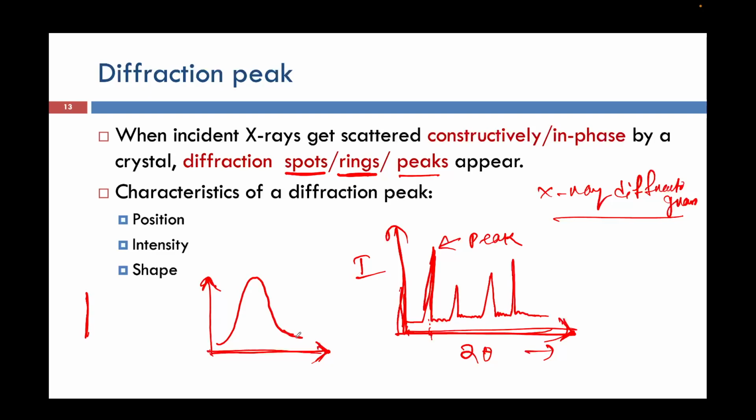Here this intensity is the maximum intensity, and this is the 2 theta position, which corresponds to the exact Bragg angle. However, even with a little deviation from the Bragg angle, we will still get some amount of intensity.